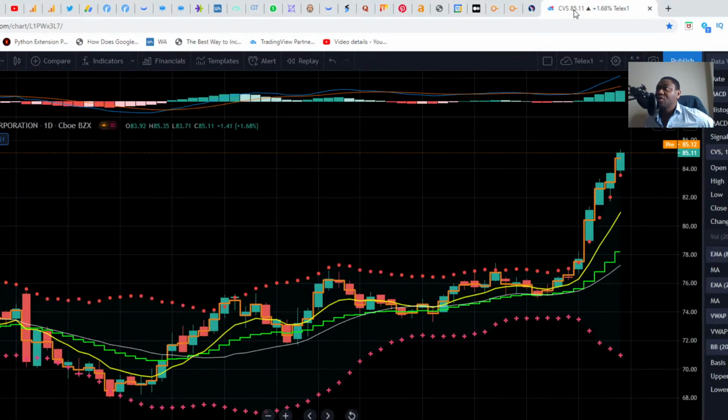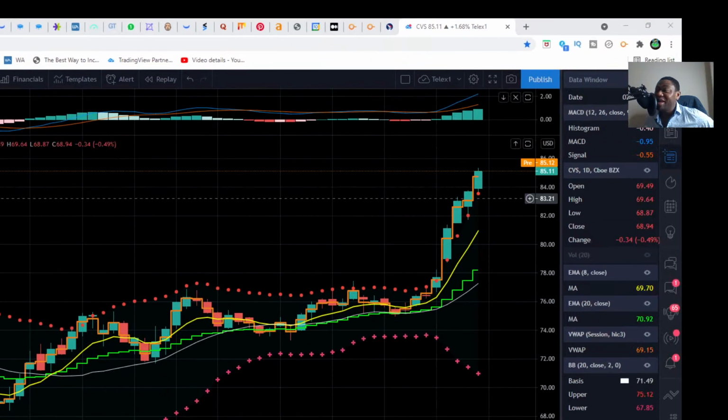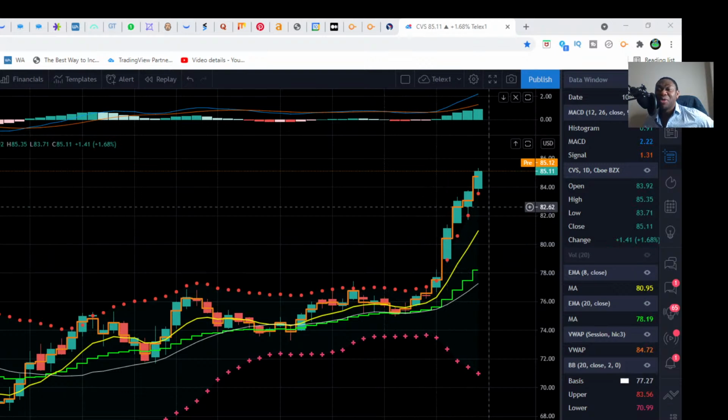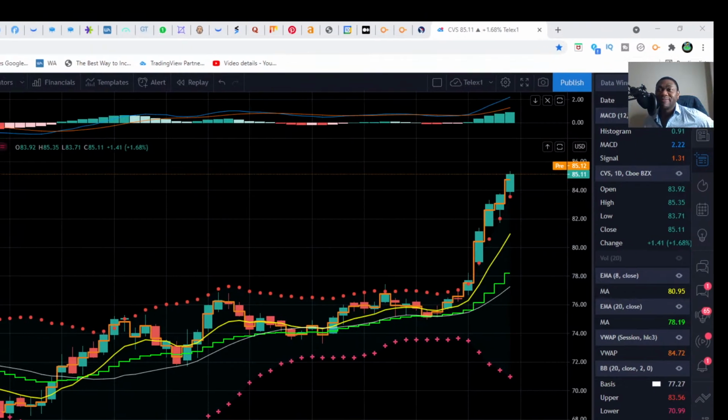Other stocks that are moving: CVS definitely is to be watched, right? Because folks, where does this stock go now? The upper Bollinger Band is at 83.56. The stock closed at 85.12. This is a good illustration of a stock that's super strong, because it has been able to trade for 1, 2, 3, 4 days much higher than the upper Bollinger Band.